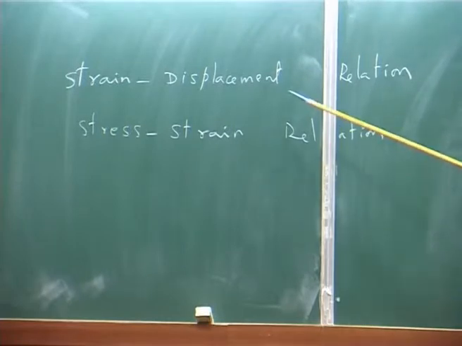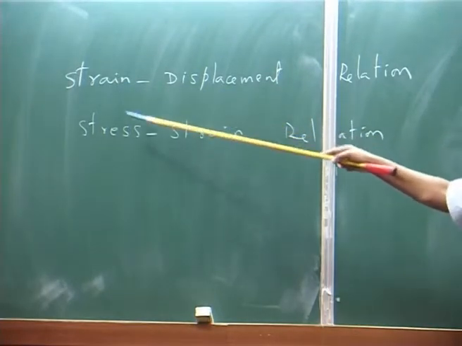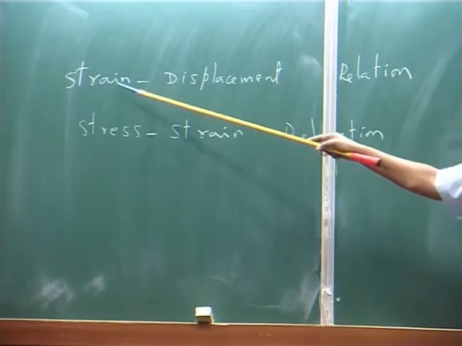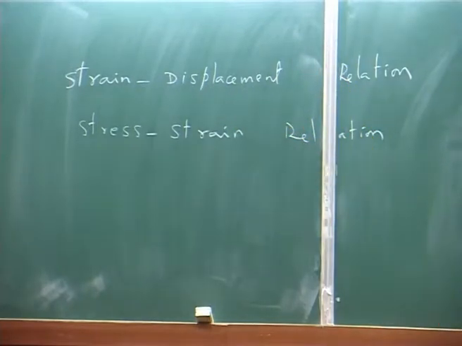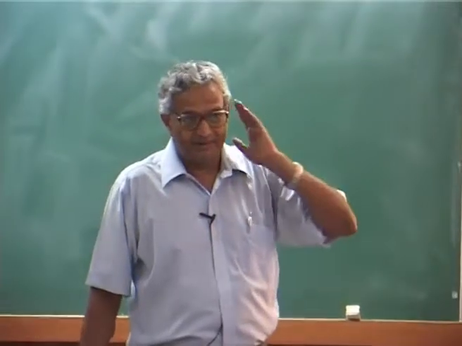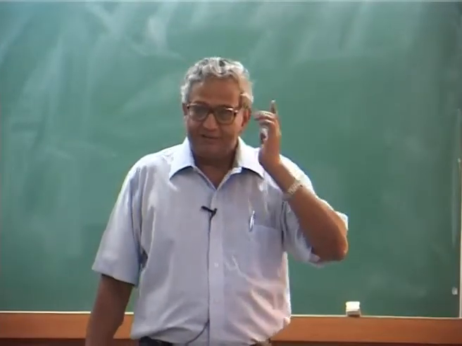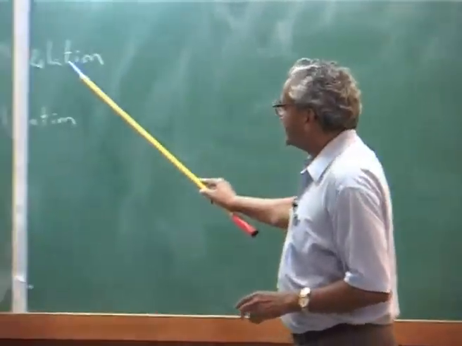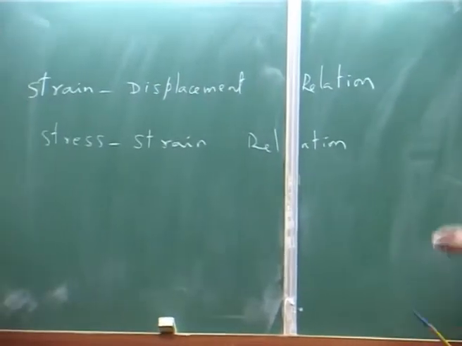But the strain-displacement relation is purely kinematics, that is the deformation, how the strain at any point is, what is the value of the strain in terms of the deformation.